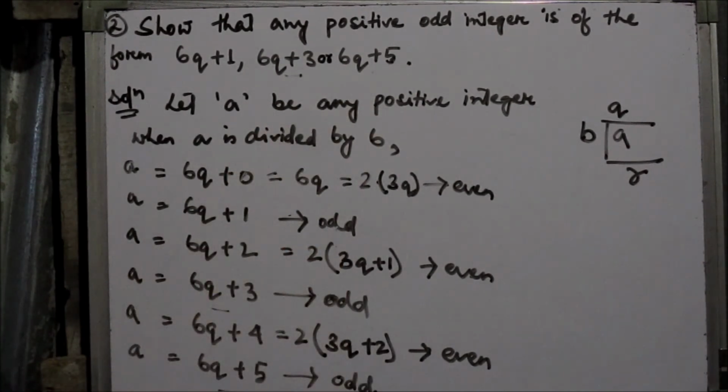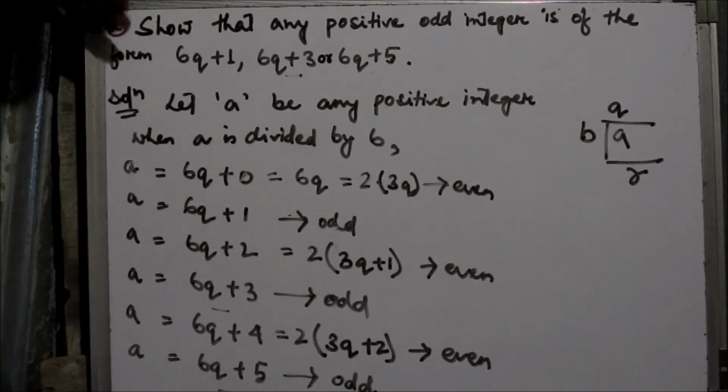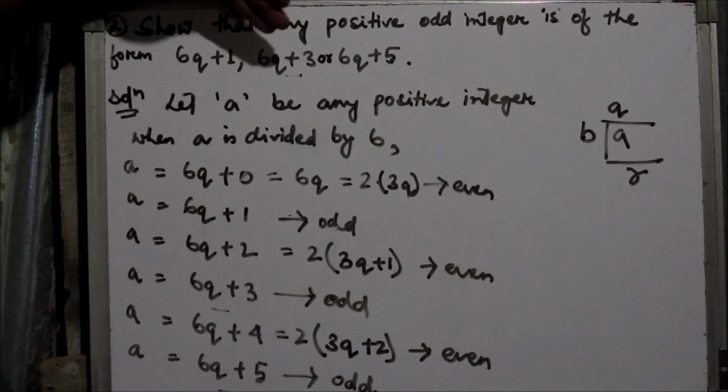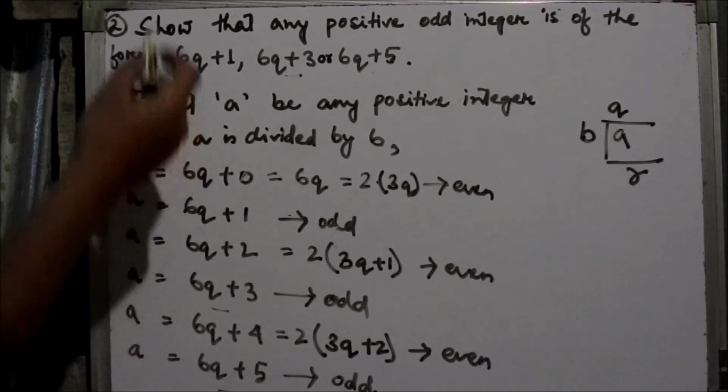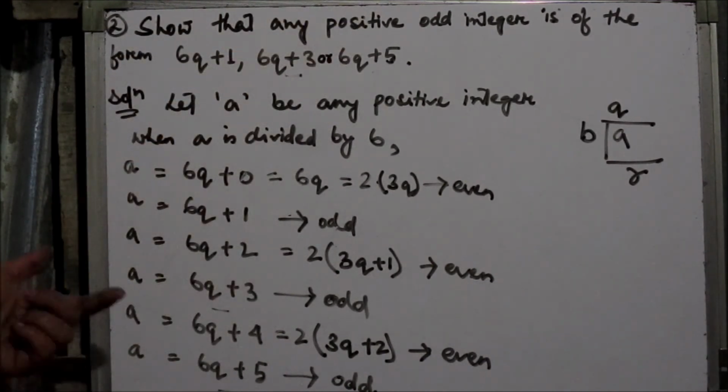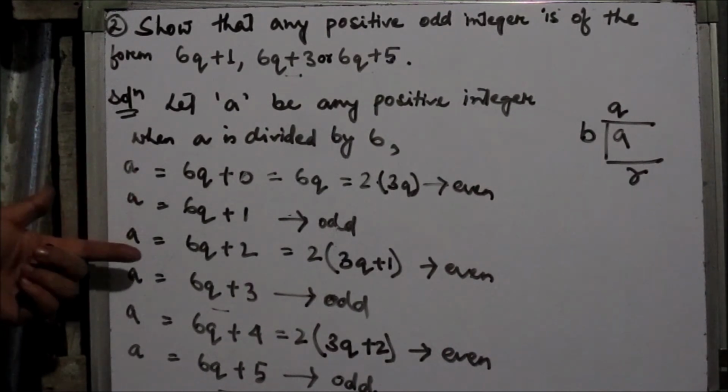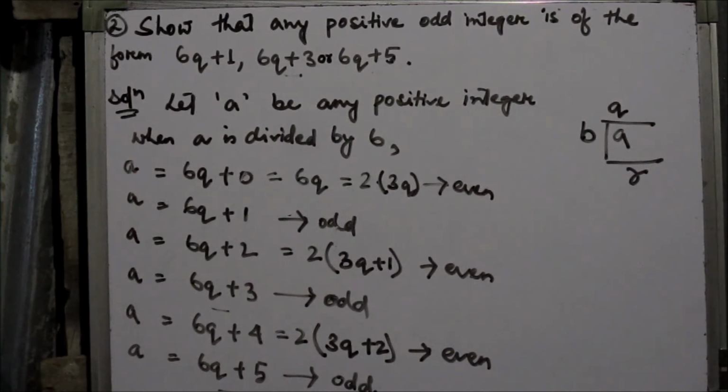So we had to show that any positive odd integer is of the form 6q plus 1, 6q plus 3 or 6q plus 5. After writing all this, we can give the last step as: hence any positive odd integer is of the form 6q plus 1, 6q plus 3 or 6q plus 5.